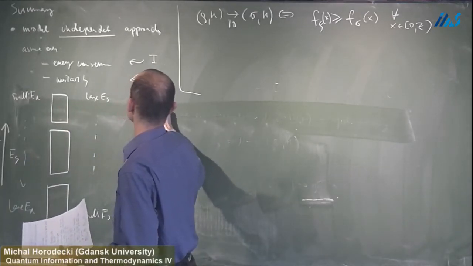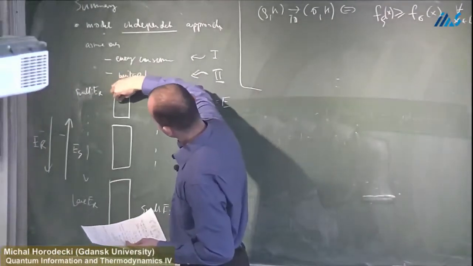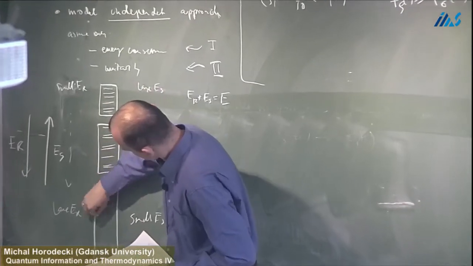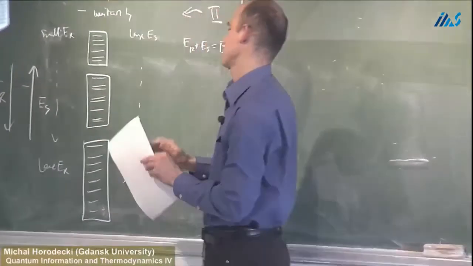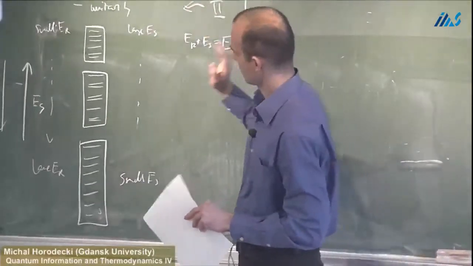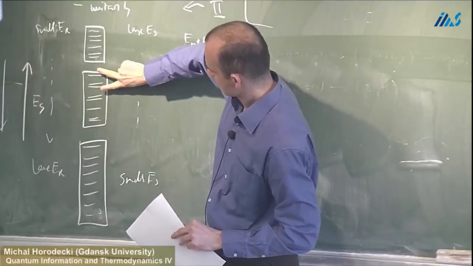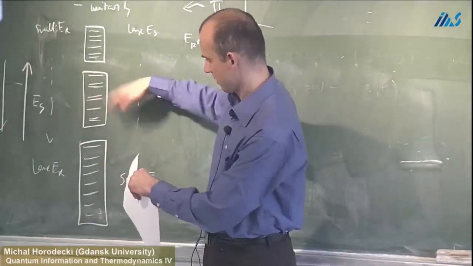So what can I do? I can do an arbitrary unitary in this space, but because we have only diagonal states, it's enough to reshuffle. It turns out that it's enough to consider only some permutations of the levels.